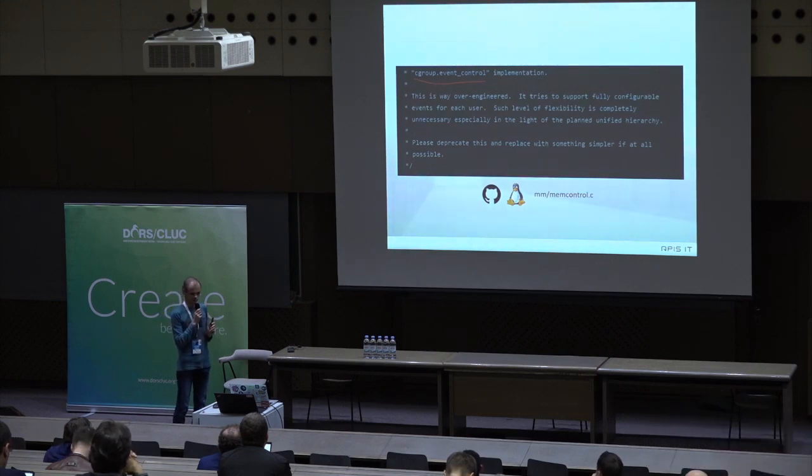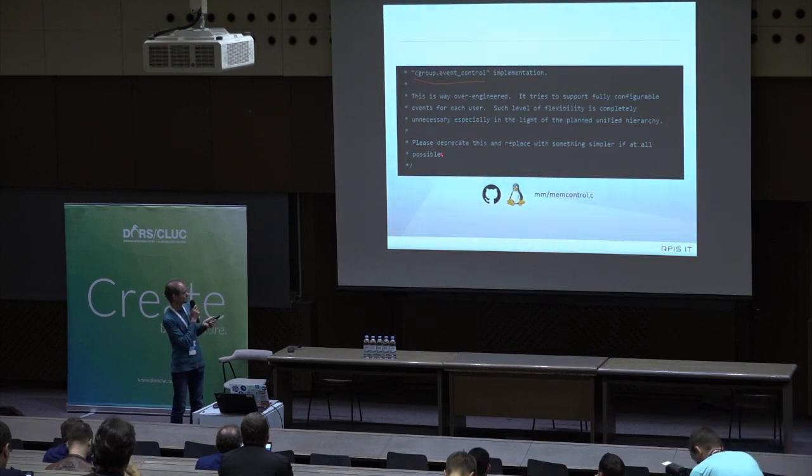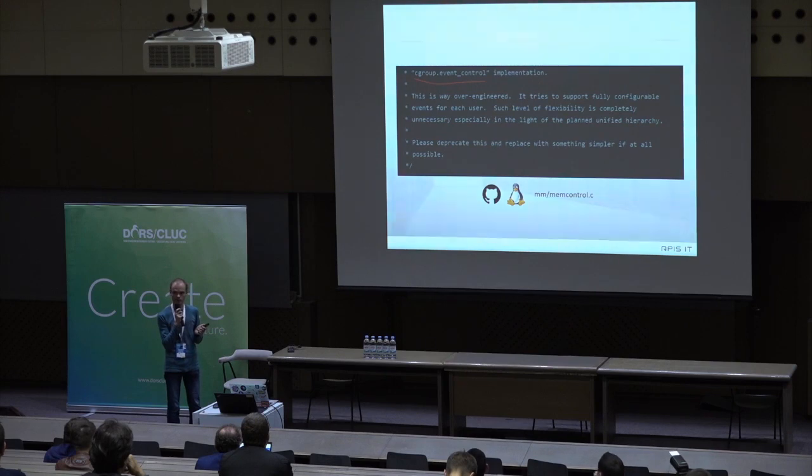As I mentioned, that was in 2007, and that's all regarding cgroups version 1. In 2015, cgroups version 2 came out, and this comment was added to the Linux kernel code: the memory threshold is an over-engineered pattern and it should be avoided at all costs.